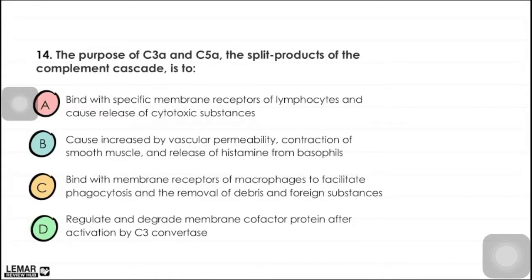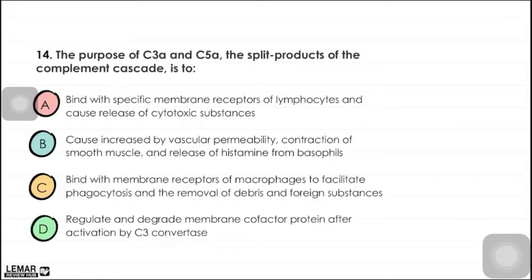Letter B, cause increased vascular permeability, contraction of smooth muscle, release of histamine from basophil. Letter C, bind with membrane receptors of macrophage to facilitate phagocytosis and the removal of debris and foreign substances. Or letter D, regulate and degrade membrane cofactor protein after activation by C3 convertase.